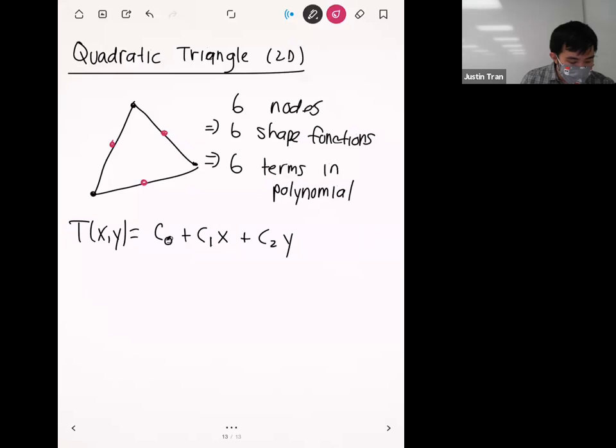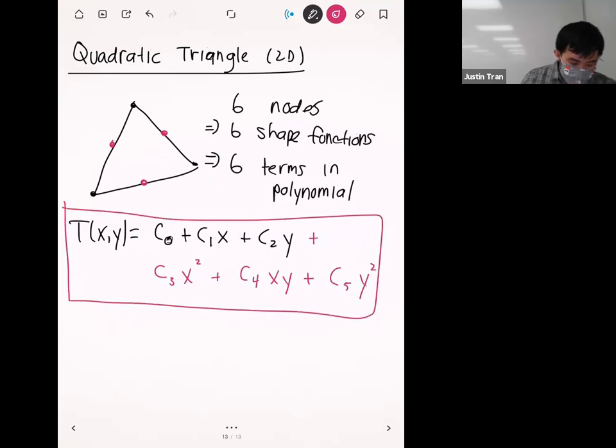Then we have our quadratic terms: plus c3 x squared plus c4 xy plus c5 y squared. So that's 2 fewer terms than our quadratic quadrilateral, but we still get our non-linear terms here.